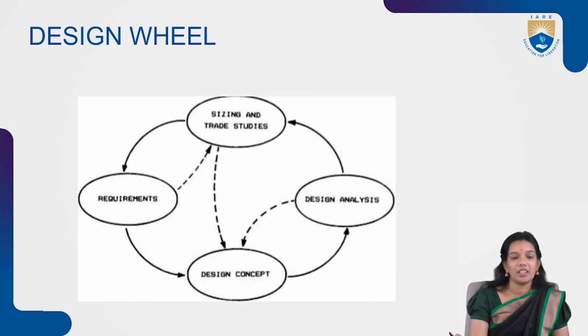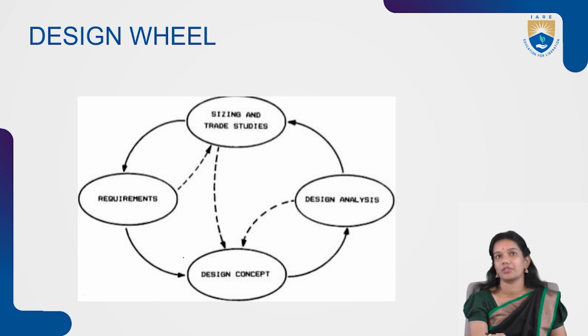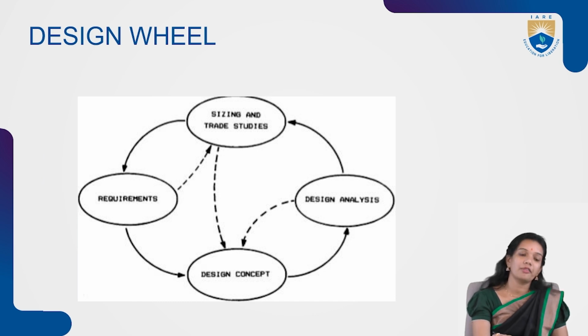Then, here we can see the design wheel approach. First I start from the requirements, where the customer gives me some requirements of how my aircraft needs to be designed. These are taken from different trade studies. For those requirements to be met, I have different approaches or concepts.